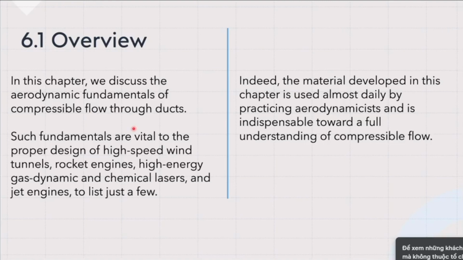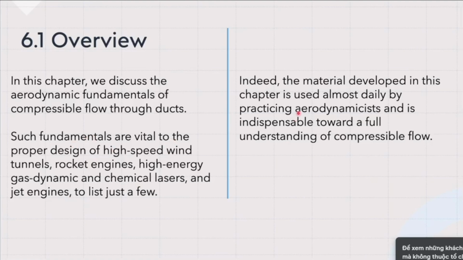Such fundamentals are vital to the proper design of high-speed wind tunnels, rocket engines, especially at the nozzle part, high-energy gas dynamic and chemical lasers, and jet engines. Those applications of compressible flow through ducts will be highly useful.